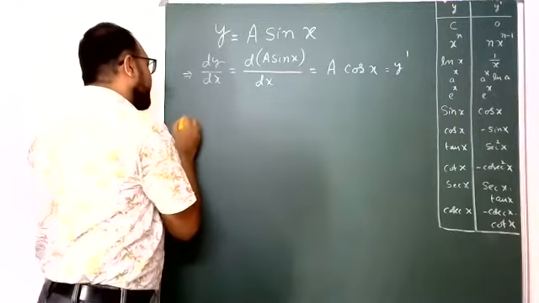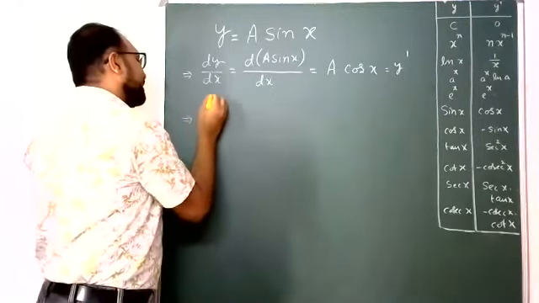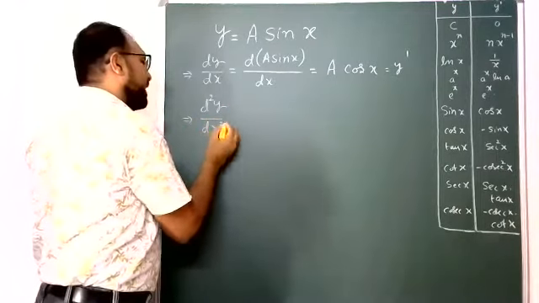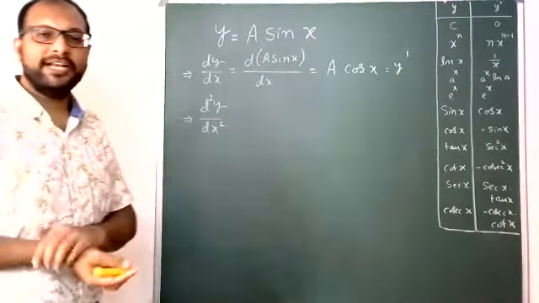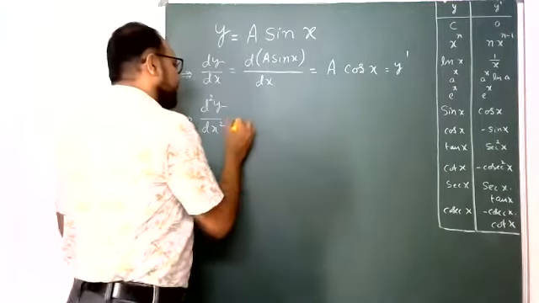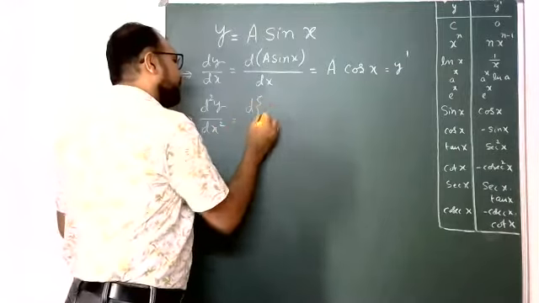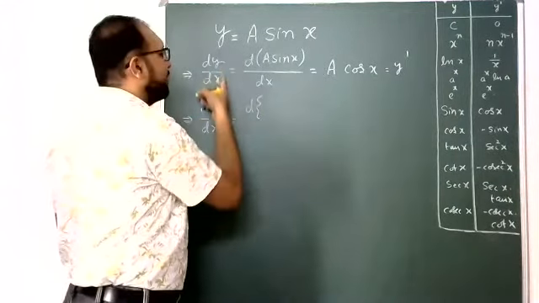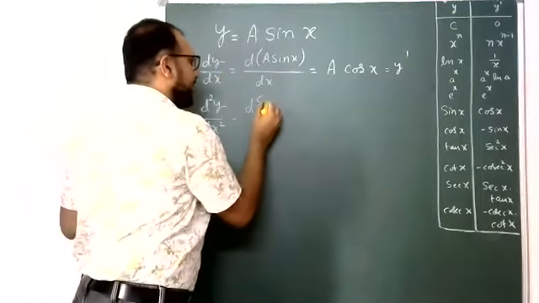Now one more time. The second derivative, d square y by dx square, is the representation of the second derivative of y with respect to x. This is the derivative of dy by dx. What is dy by dx? a cos x.